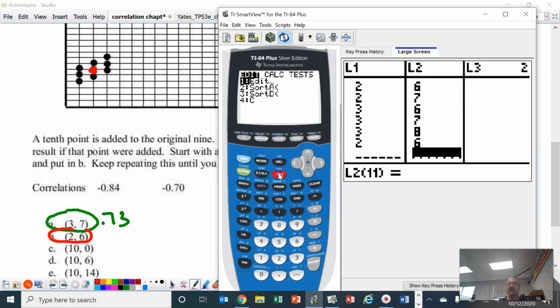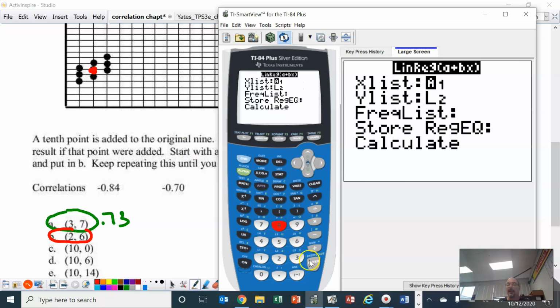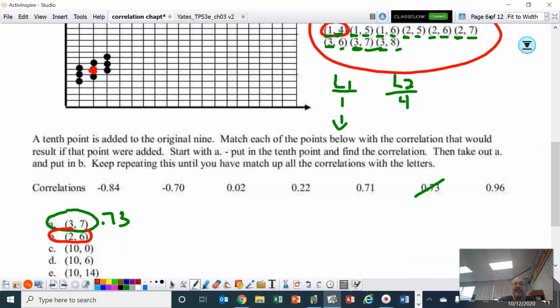And now I'm going to go stat calculate, pick number 8 again, and see what happens to the correlation from the original. Oh, it didn't change because that's rounded. So 0.71. Adding that dot in did not change the correlation. Think about it. It's right in the center of all those dots.